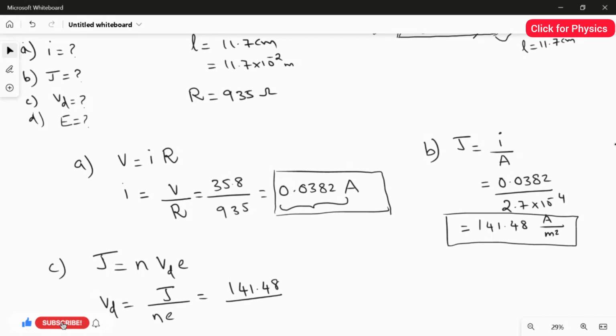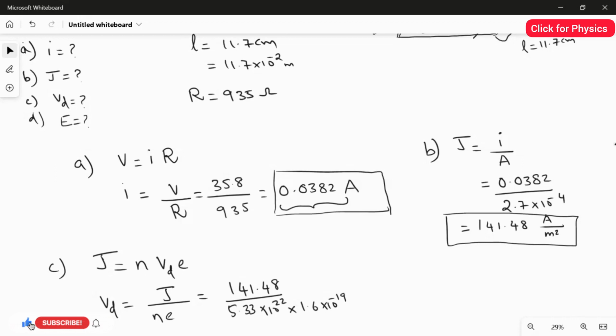How many conduction electrons do we have? 5.33 multiplied by 10 power 22, and the charge value is 1.6 multiplied by 10 to the power of minus 19. Because it's a conduction electron, we just take the magnitude of the charge. So 141.48 divided by 5.33 times 10 power 22 multiplied by 1.6 times 10 power minus 19.